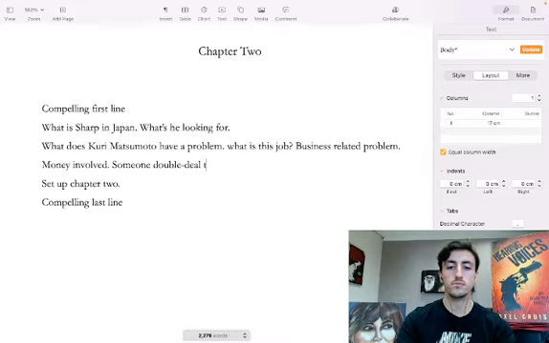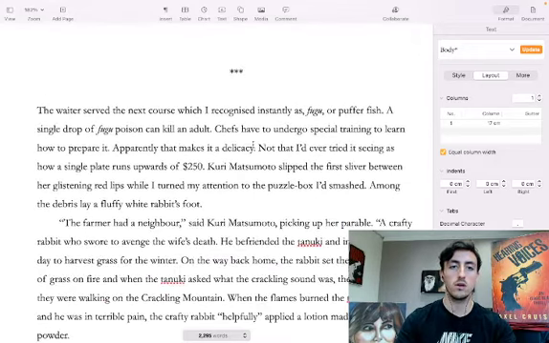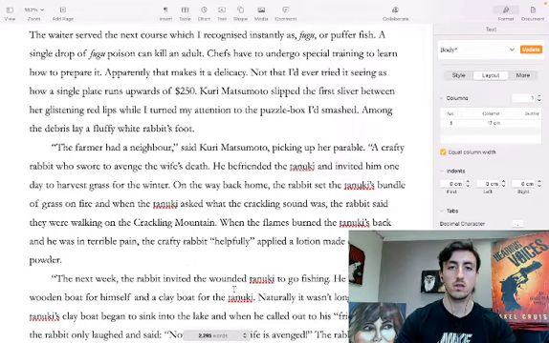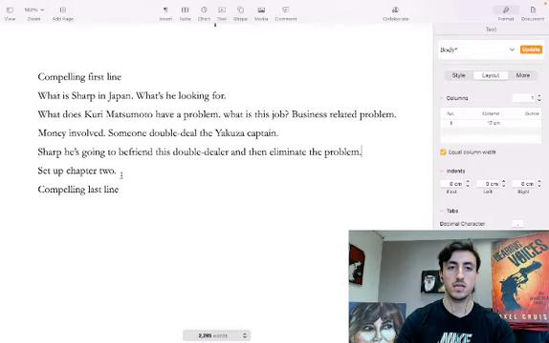And now our guy, Sharp, is going to have to befriend this double dealer, and then essentially eliminate the problem, just like that whole story we had before of the farmer and the tanuki, the tanuki and the rabbit. That's pretty much the idea.